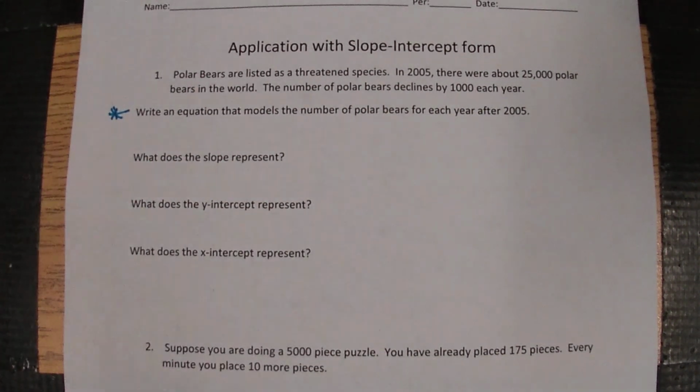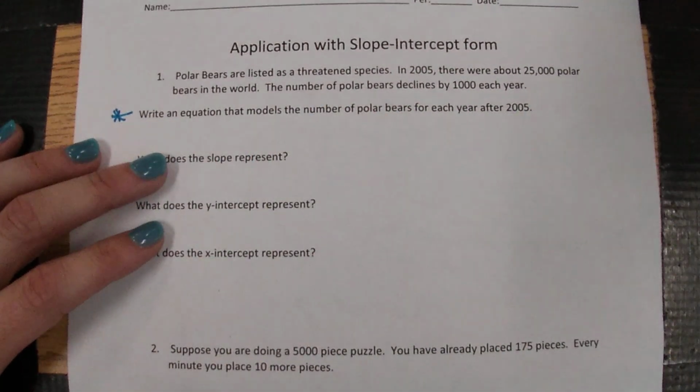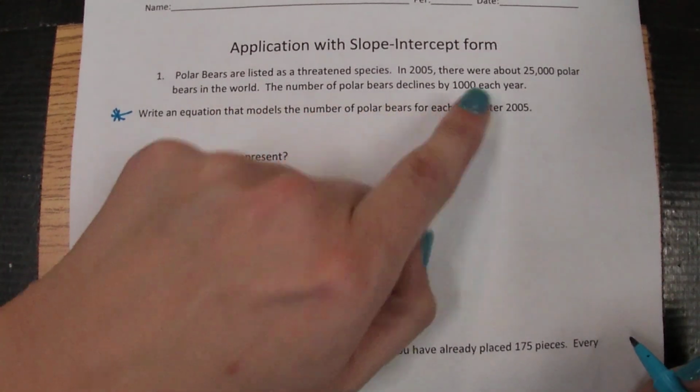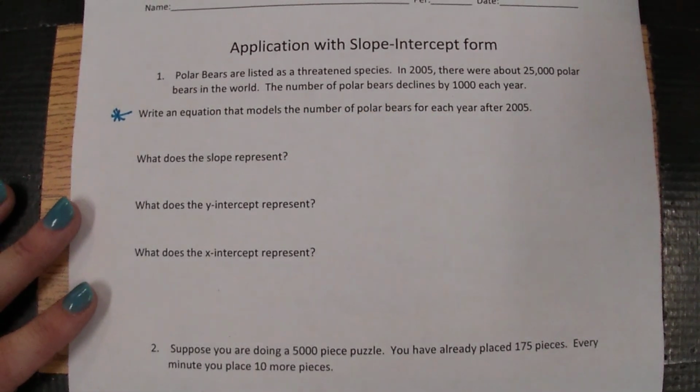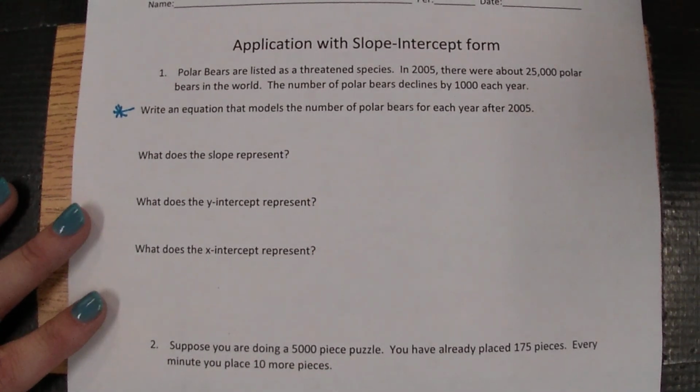So when we look at this, what we should have done is we're saying, okay, well, y is going to equal, so if we think about what our x and y would be, it's declining by 1,000 each year, and we're starting with 25,000. Remember, our x variable is time.